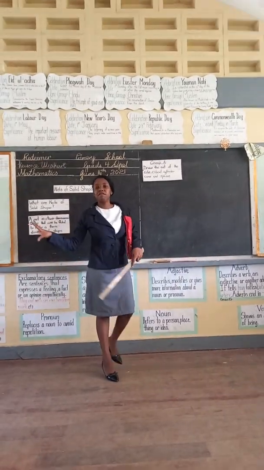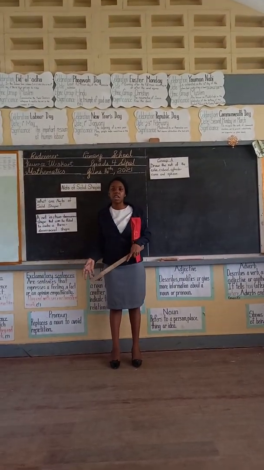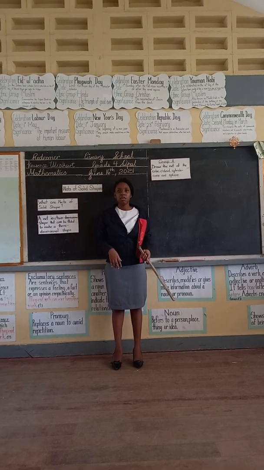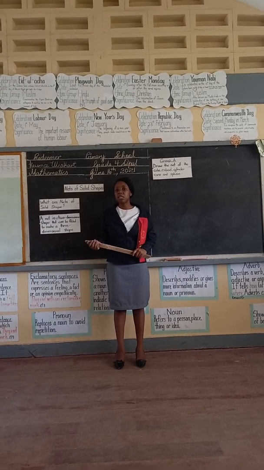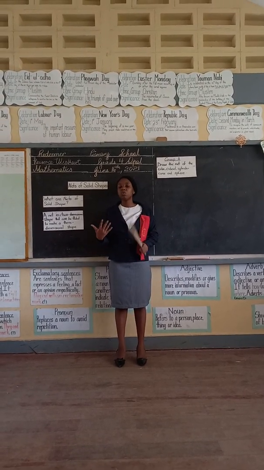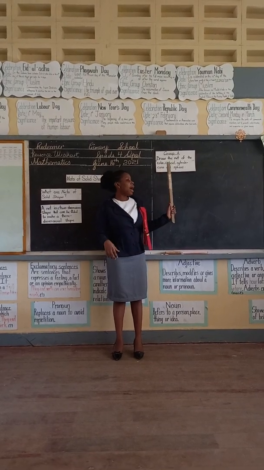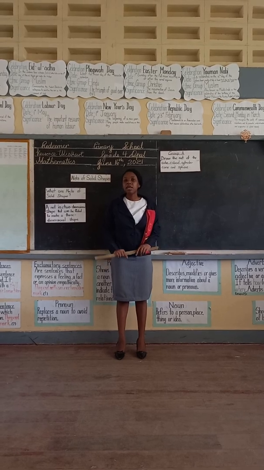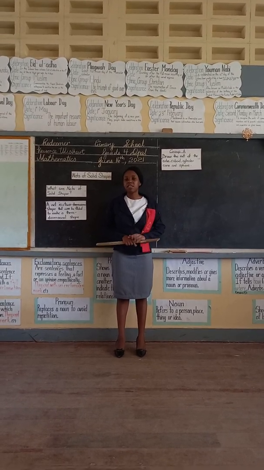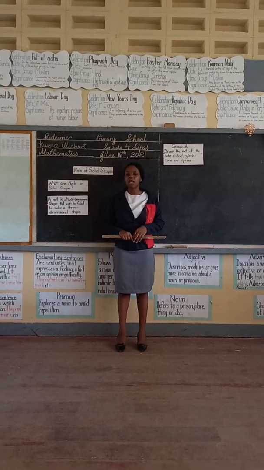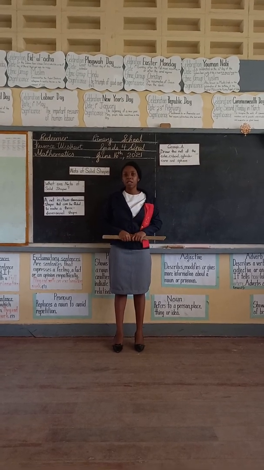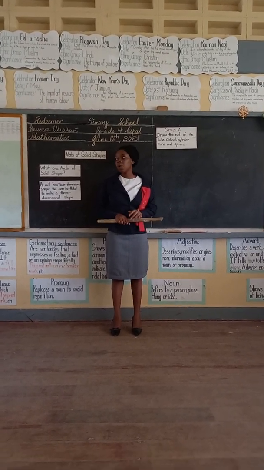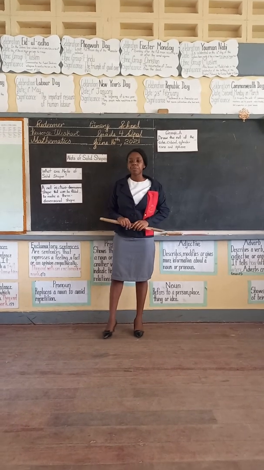Remember, we would have looked at the video and discussed what the net should look like. The video is also sent to the WhatsApp group, so you can go ahead and do it once more. You have 50 minutes to get that done. Afterwards, please let your parents take pictures of the exercise book and send it to the WhatsApp group so I can mark it. When you're finished doing the work, just go ahead and log off.